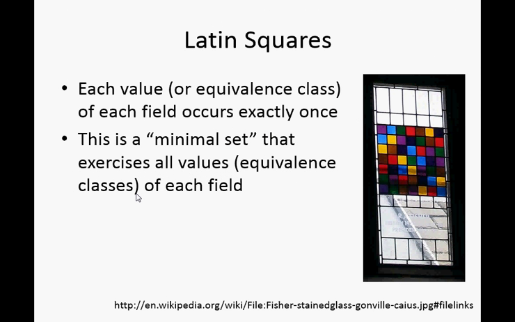So if we have field 1, and it can take on 10 different values, and we have field 2 that can take on 10 different values. You're making sure that in your test cases, if you list out your test cases, call this field A, field B, better yet. Field A, field B will have the value of A and the value of B, right?